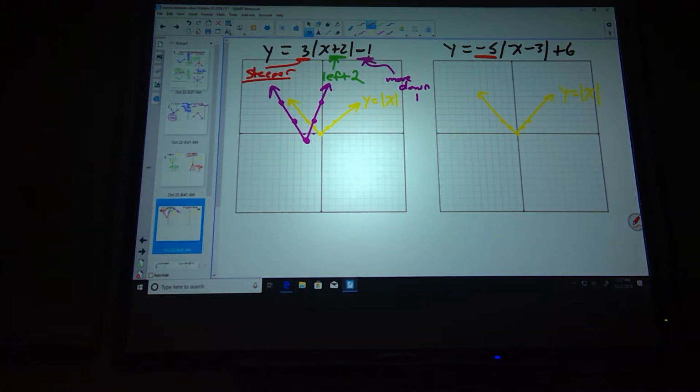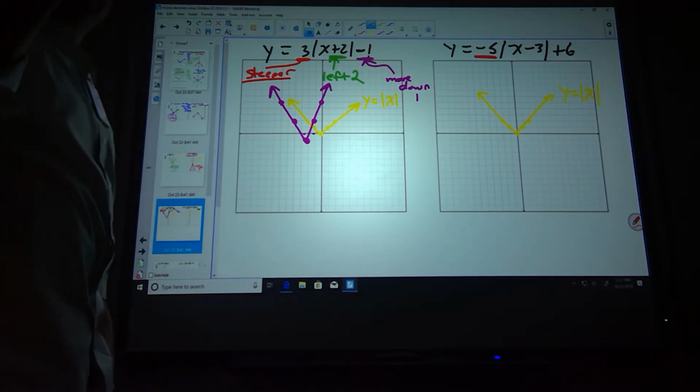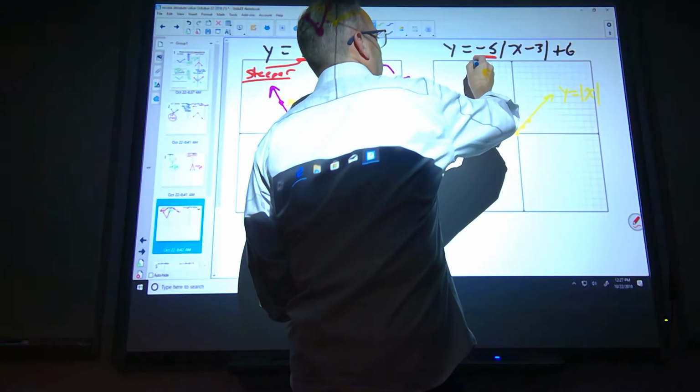Make it fatter? No, I haven't shown you anything fatter yet. Look at the other one. It's steeper. It's steeper and flipped.